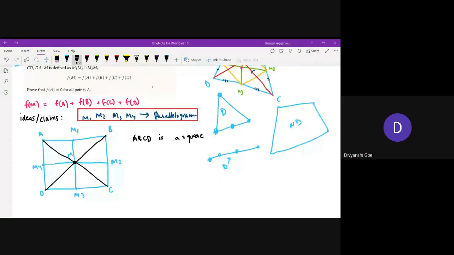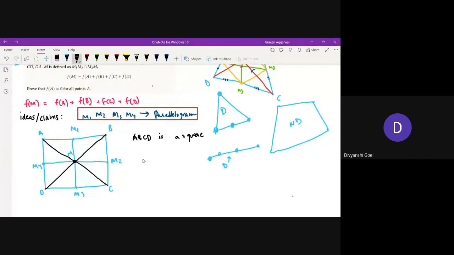Ma'am, for this you have to prove that ABCD is a square for the midpoint of diagonals and M to coincide. Ma'am, but it is not given in the question.